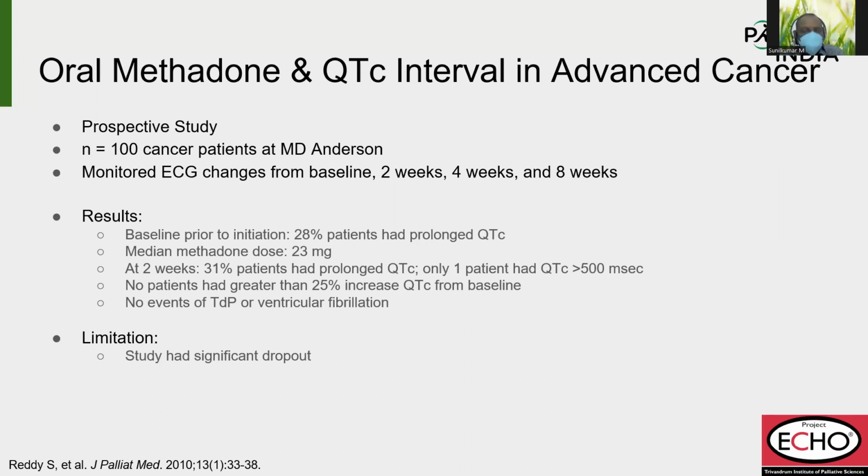But the dose of methadone to treat pain is maybe less than 40 milligrams per day. That's an average maximum dose. But you can see that there are patients who might take more than this, but usually it will be less than 40 milligrams per day. So the chance of QT interval prolongation and torsades de pointes is very, very less.